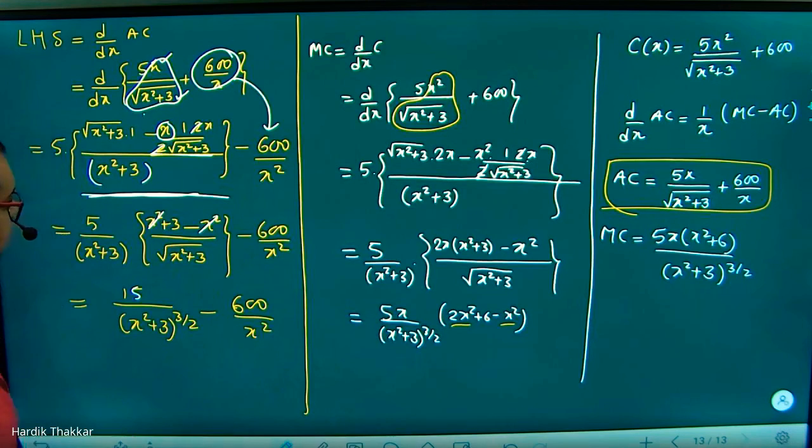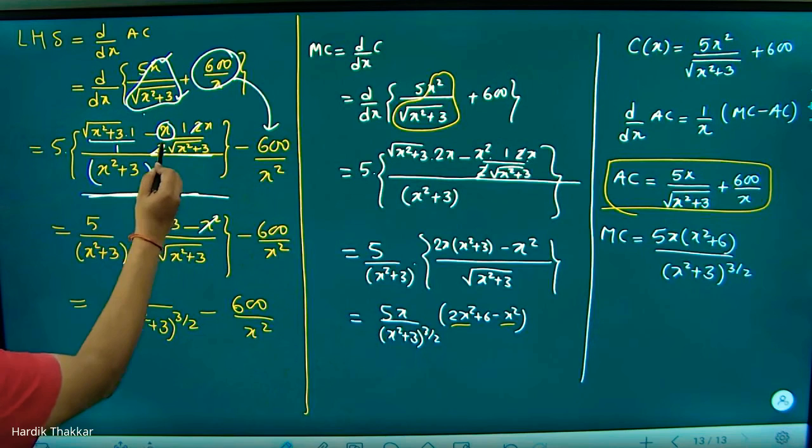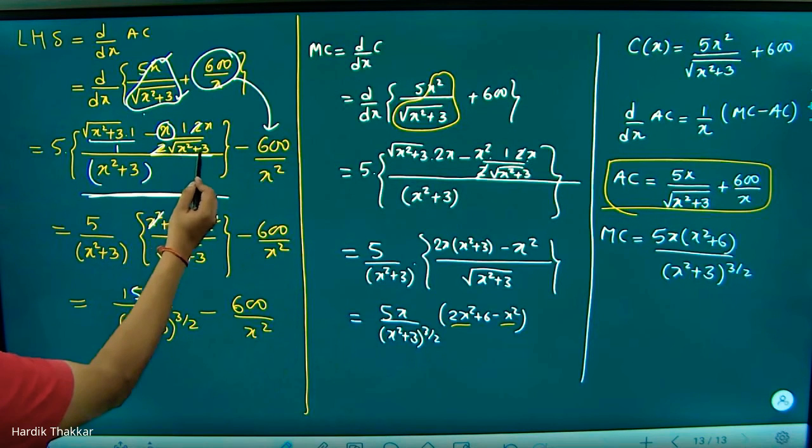How have you written 3 there, x square plus 3? Yes, just look at this step. Here the denominator of this part is 1. Here the denominator of this part is x square plus 3.